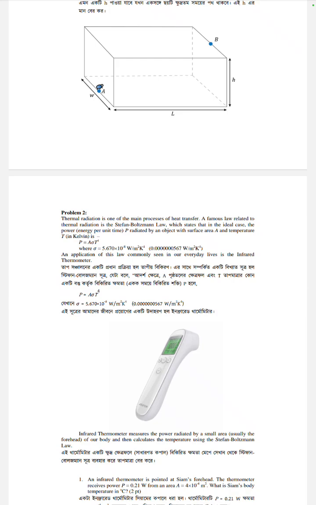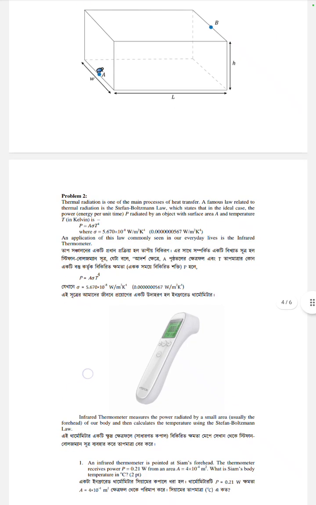It's 5.67 times 10 to the power minus 8.